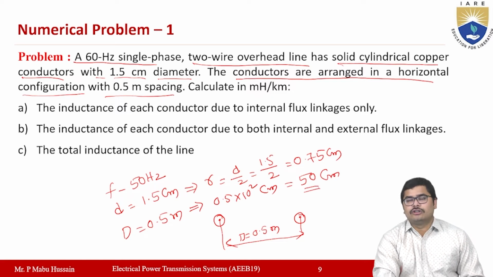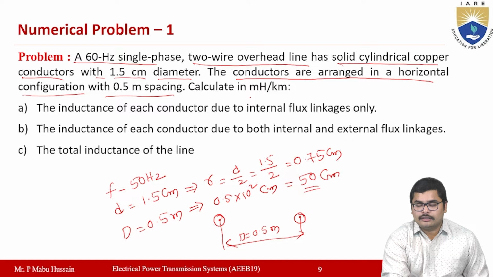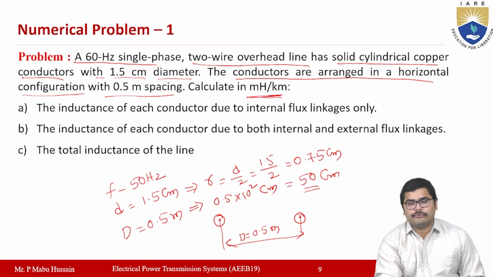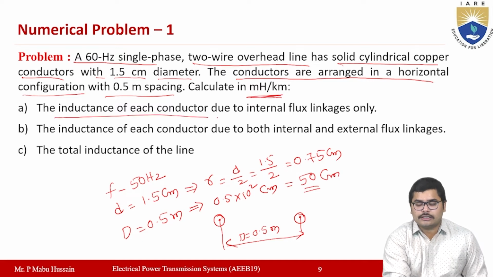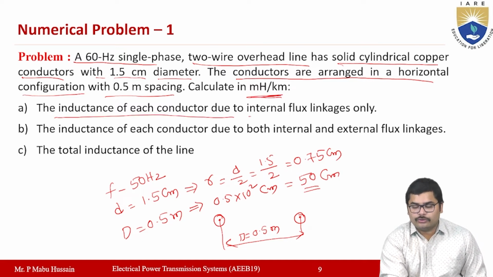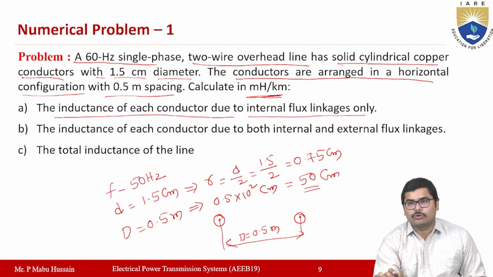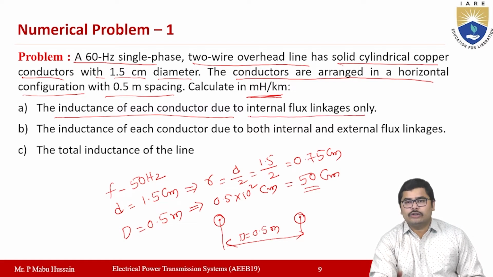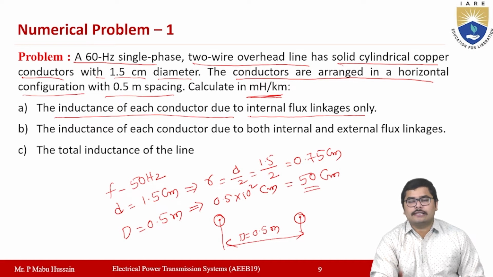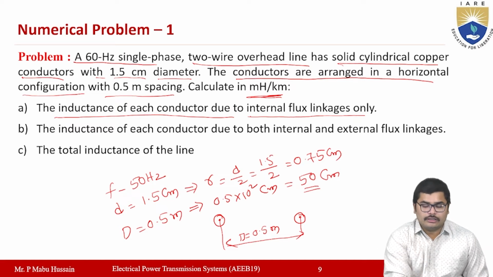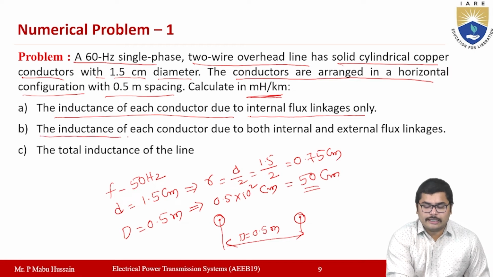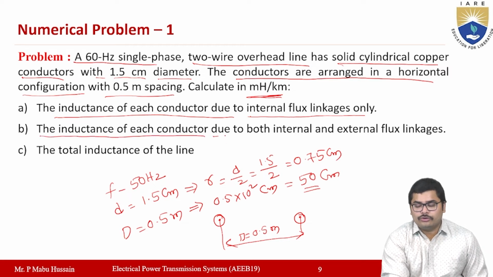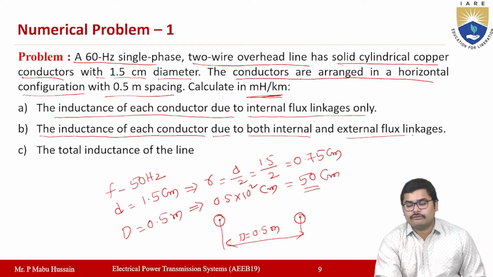Now you have to calculate, in millihenries per kilometer, the inductance of each conductor due to internal flux linkages only. So you have to consider only the internal flux linkages and determine the inductance of each conductor due to these. Also, you have to determine the inductance of each conductor due to both internal and external flux linkages.